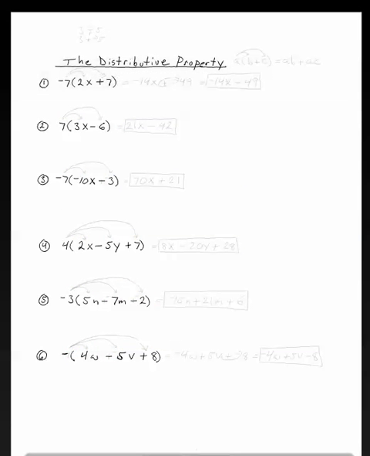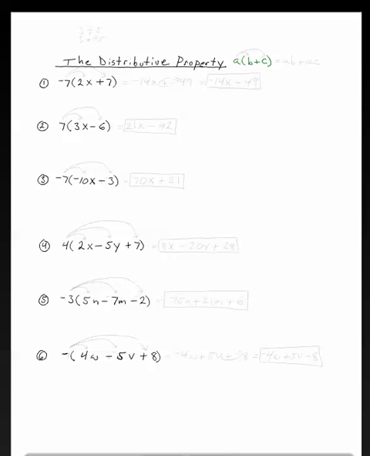Distributive property. So remember that the distributive property in general says that if I have A times B plus C. So remember that when a number like A is directly touching a set of parentheses, it means to multiply.